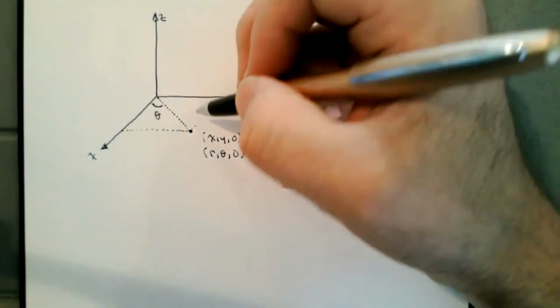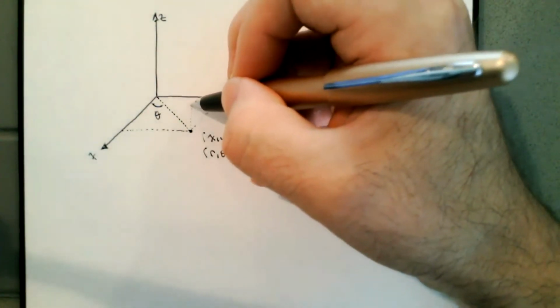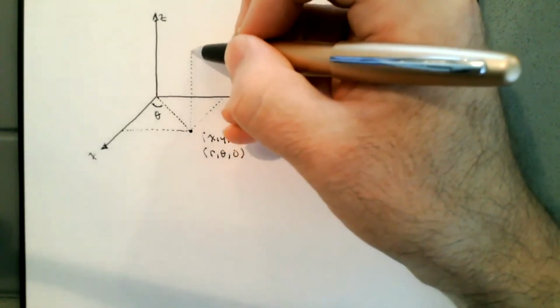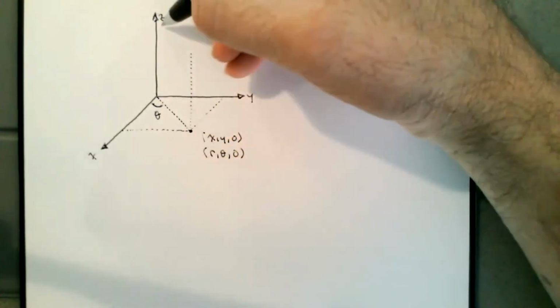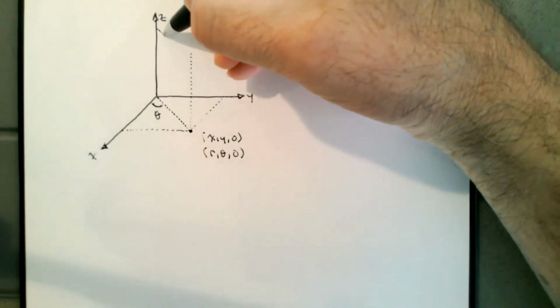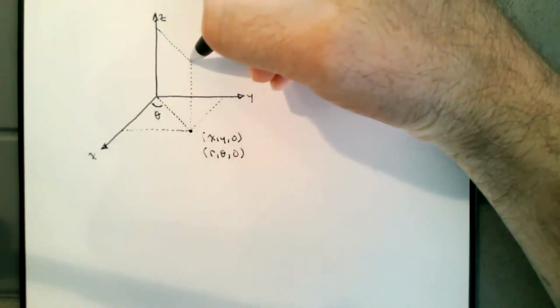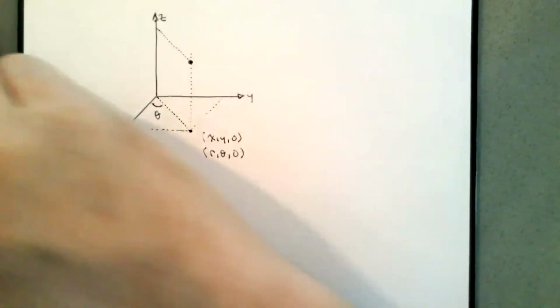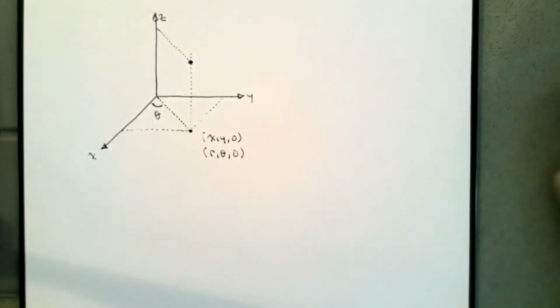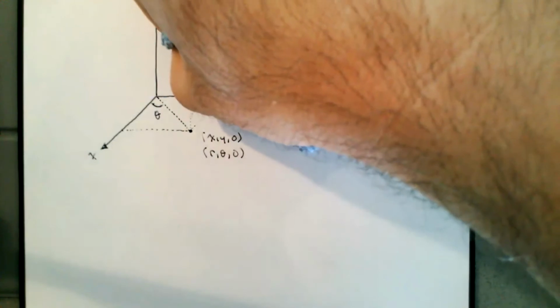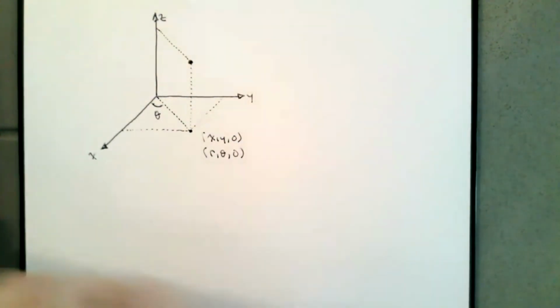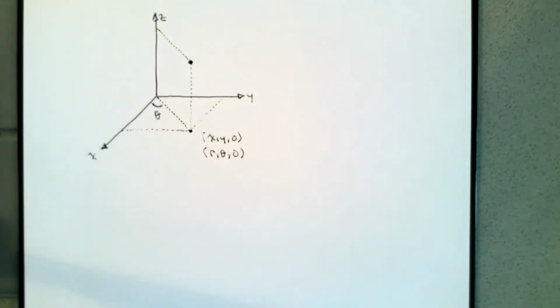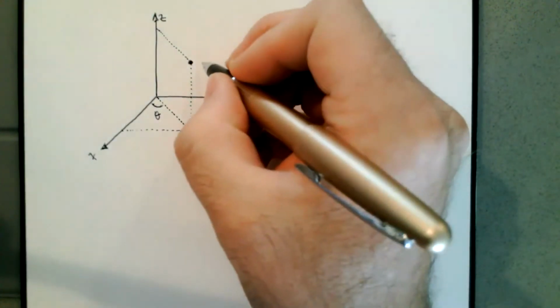So we're going to put a point above. In rectangular coordinates, this is the point x, y, z.